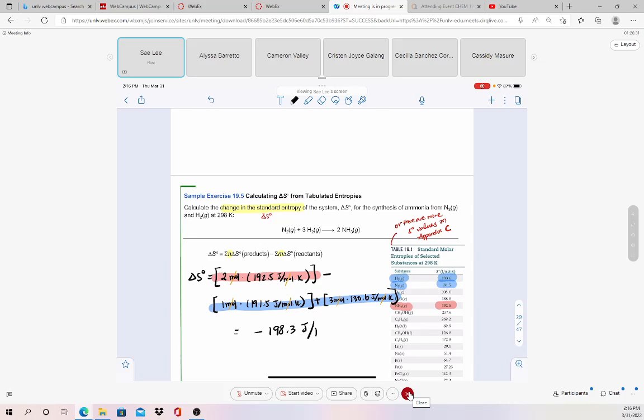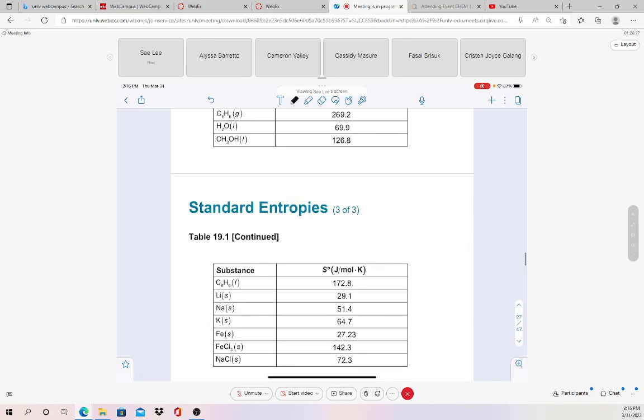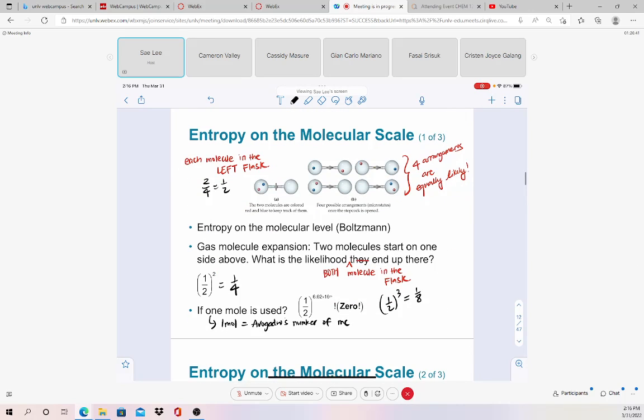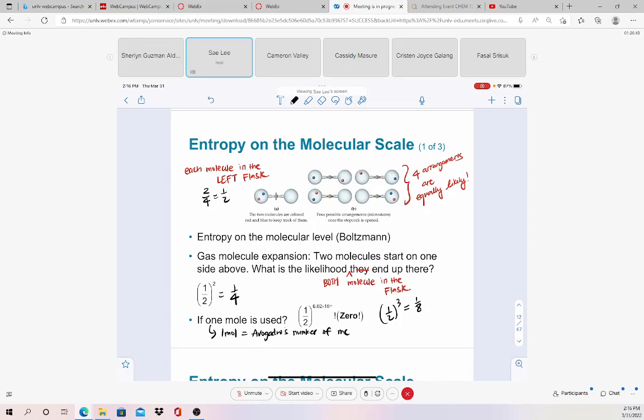Professor, I have a question about slide 12. I understand how you got 1/4 because there's only one way for two molecules to be on the left flask.